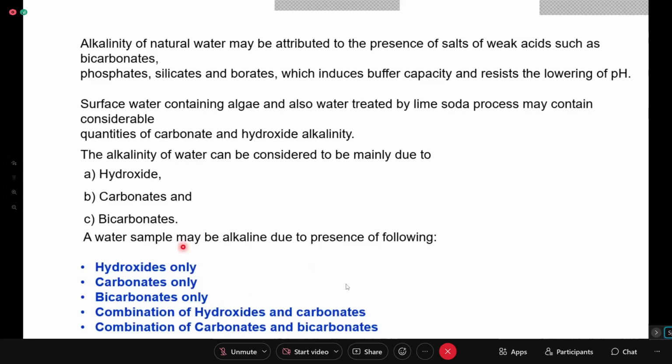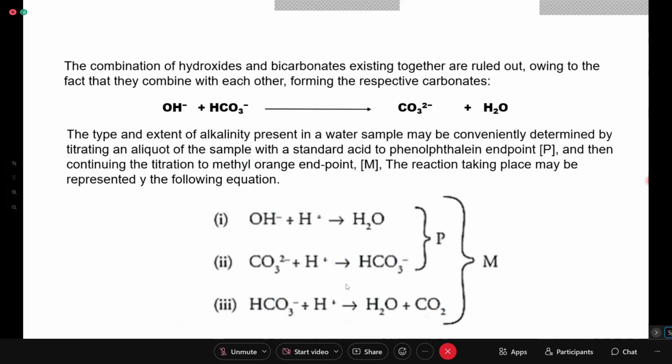Or it may also be alkaline due to a combination of hydroxide and carbonate, or a combination of carbonate and bicarbonate. The combination of hydroxide and bicarbonate is ruled out because when they are mixed together, they form carbonate. So these two will not coexist at the same time.